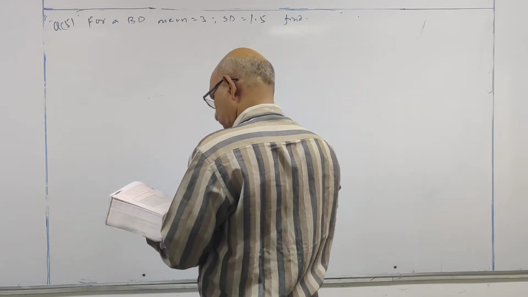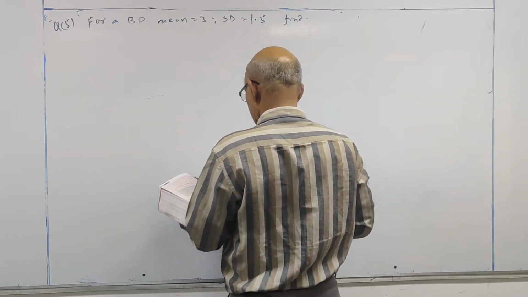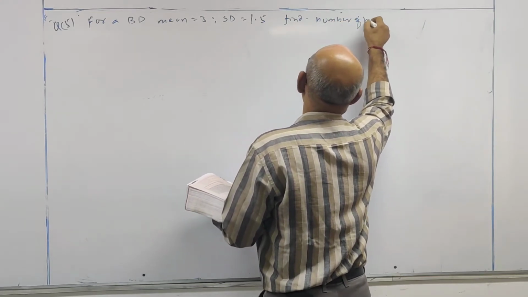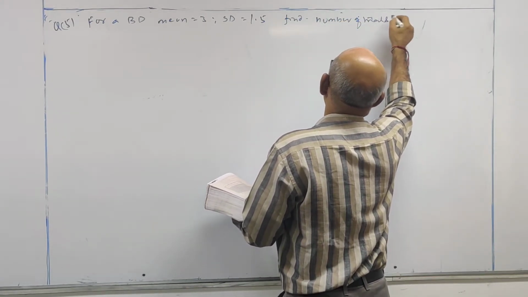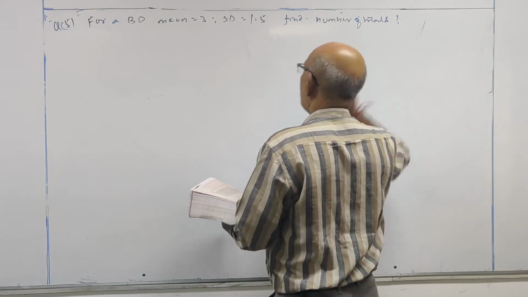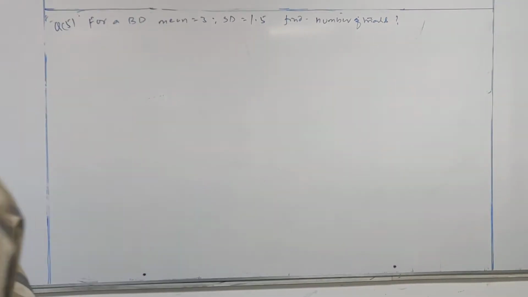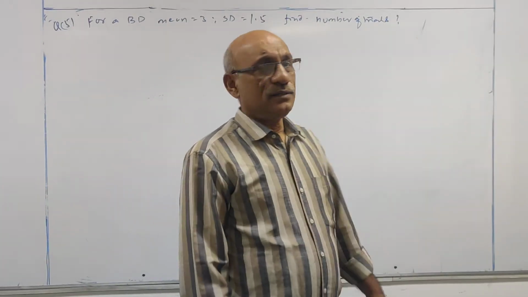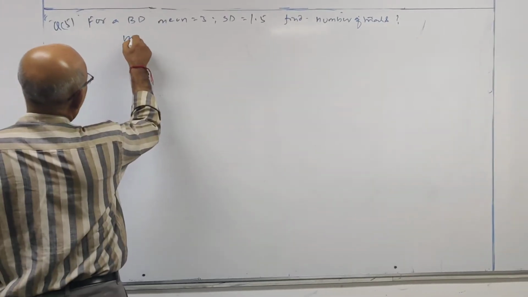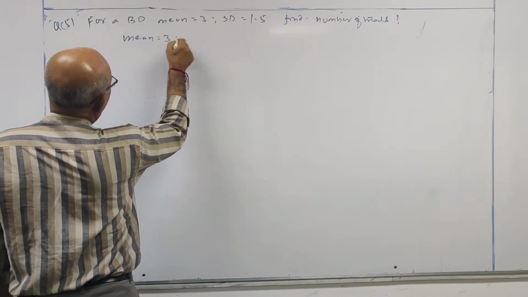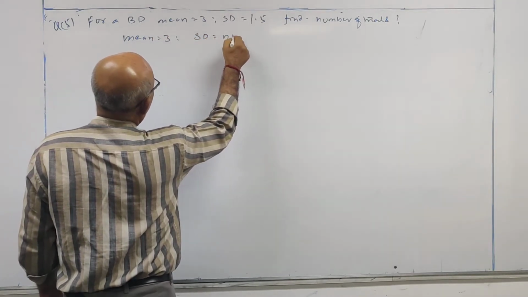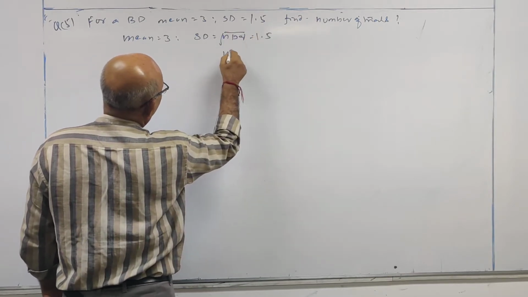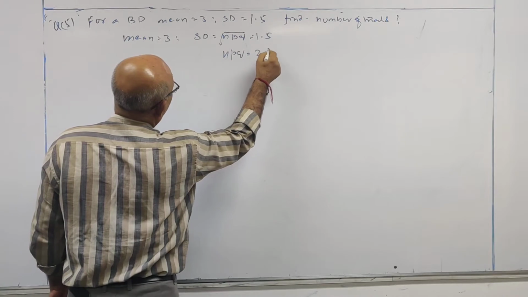Find the number of trials, N. N is required here, the parameter we have to calculate. Look at this. Mean is equal to 3. Standard deviation means square root of NPQ. This is 1.5. NPQ is equal to 2.25.